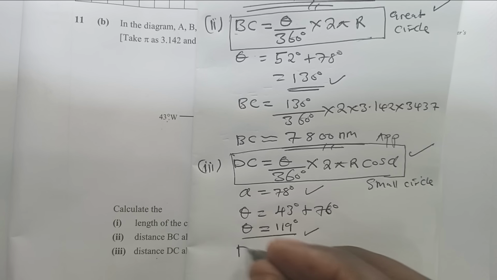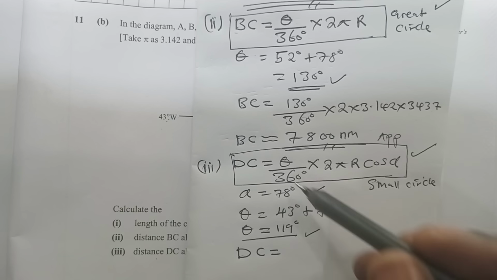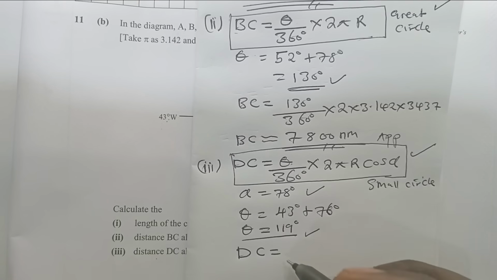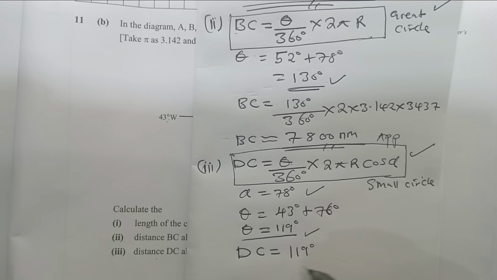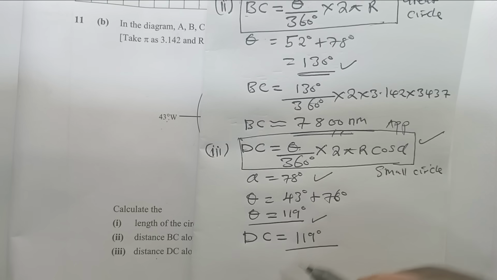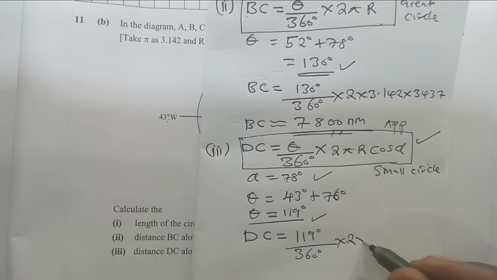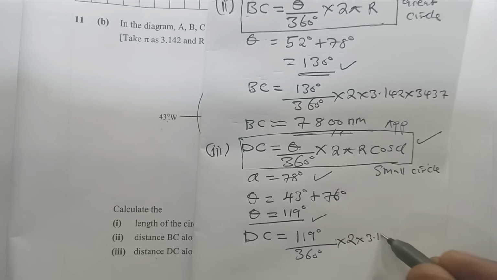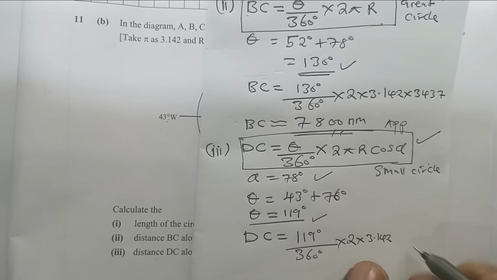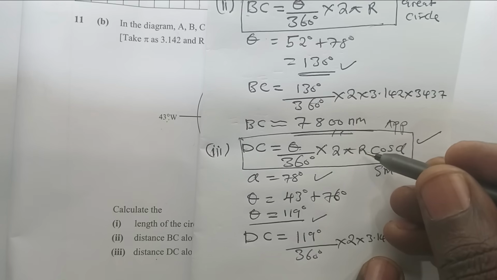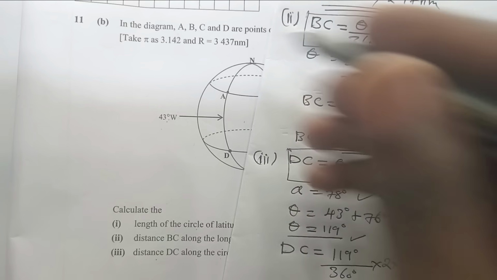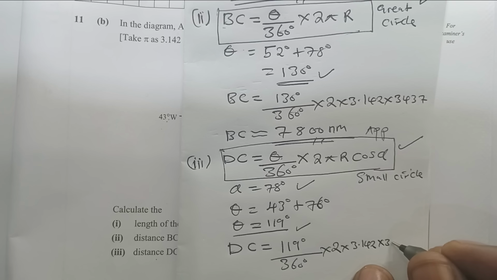So DC is equal to, what is our theta? It's 119 degrees over 360 degrees times 2 times 3.142 for pi times the radius in nautical miles, 3437.